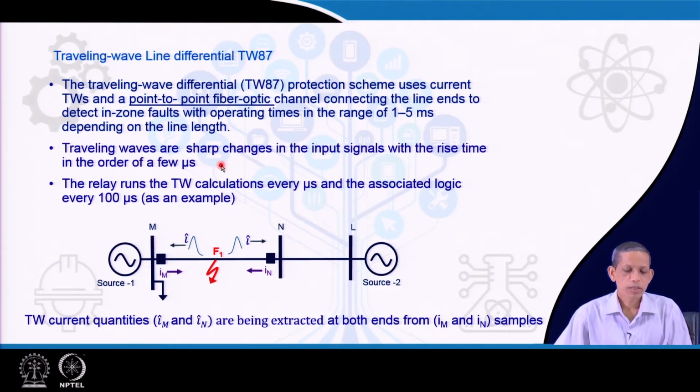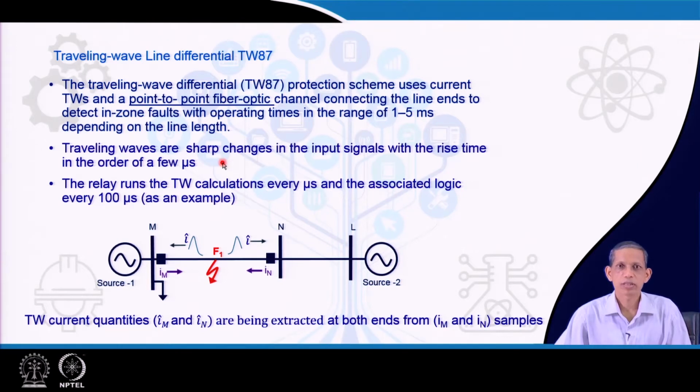These travelling waves are sharp changes in the input signals. Whenever a fault is incepted, the travelling wave propagates towards the line ends, where through the protection arrangement such signals are captured. Note that, as mentioned in the last lecture, these are not 50 hertz signals; these are high frequency components.